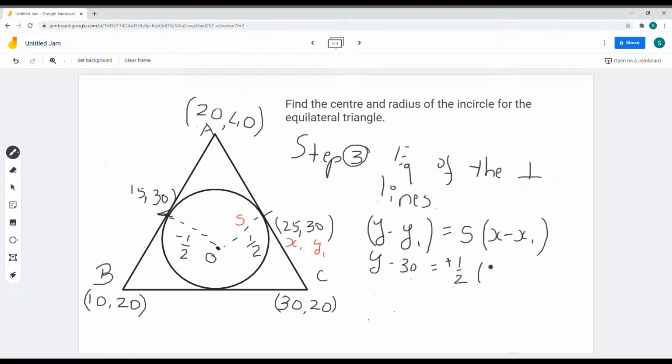And open brackets, x minus 25. So I'll write this as 2y minus 60 equals x minus 25, or 2y equals x plus 35.